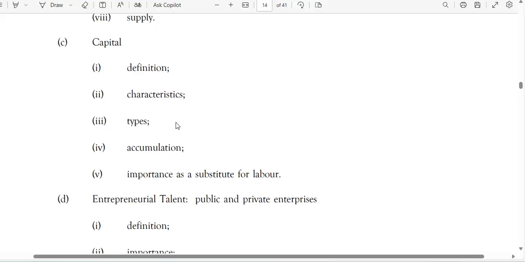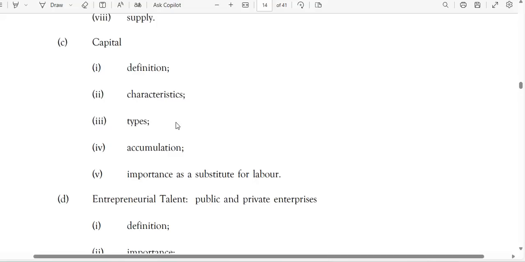All right, what do we mean by accumulation of capital? This refers to building up capital stock over time, whether you're going to save it, meaning you're going to set aside income which you're not going to spend, or you're going to invest it, meaning that you're going to use your savings to purchase productive assets, or it could mean more capital, meaning more tools and equipment, which would result in higher production and economic growth.